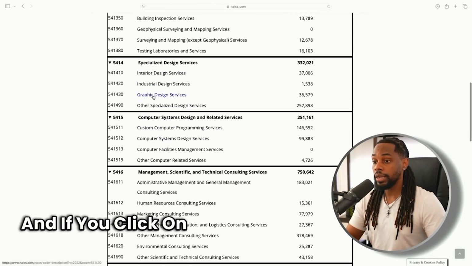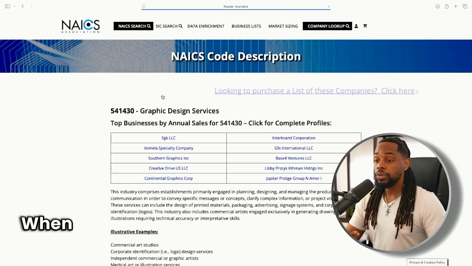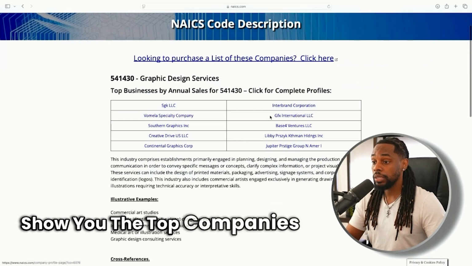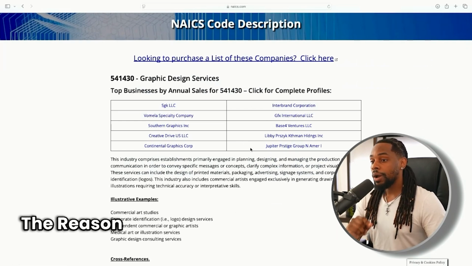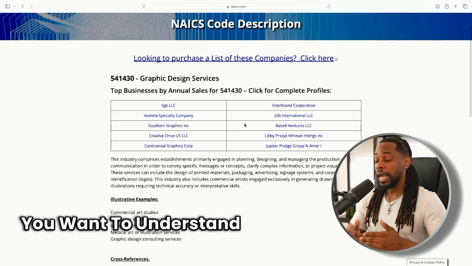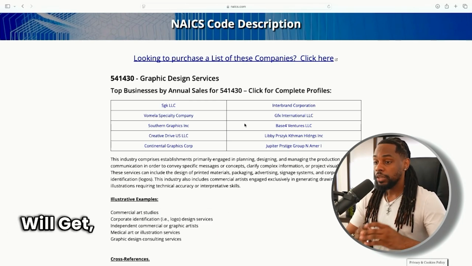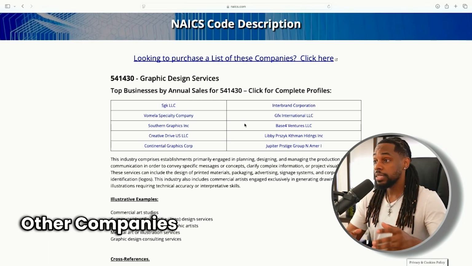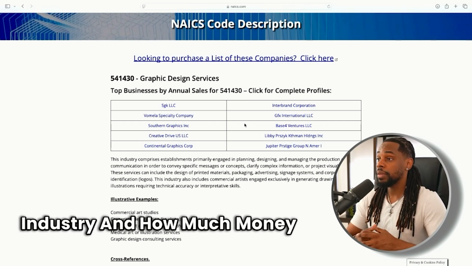And if you click on, let's say, graphic design, it'll show you the top companies in this service. The reason this is very, very important is because if you want to understand how much funding your business will get, you need to know other companies in your industry and how much money they make.